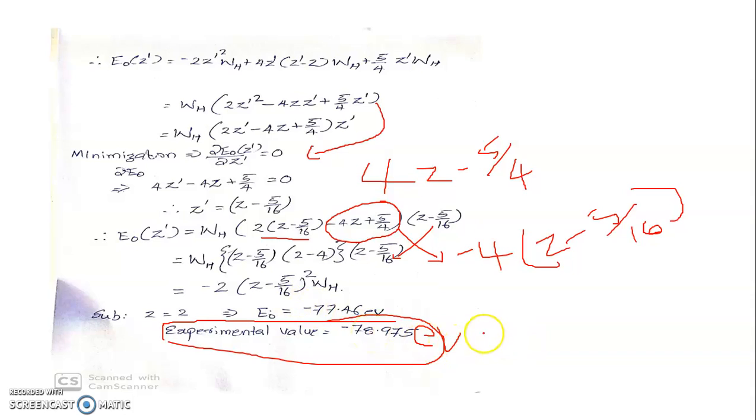And Hylleraas has taken a different wave function of the form square root of z cube divided by pi a cube into e power minus z by a into r1 plus r2, and using this wave function he was able to evaluate the ground state energy of helium as equal to minus 78 electron volt.